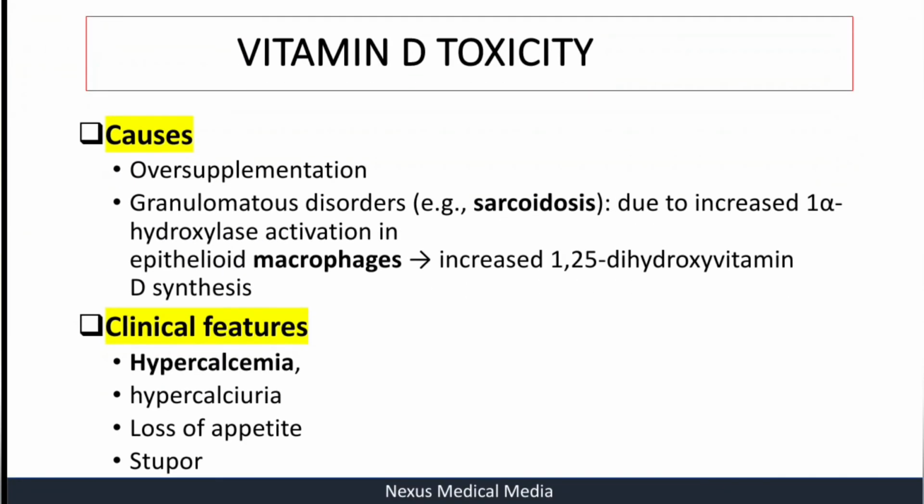Next is vitamin D toxicity. What causes toxicity? Number one is obviously oversupplementation. It can also occur because of granulomatous disorders like sarcoidosis, right? This is due to increased 1-alpha hydroxylase activation in epithelioid macrophages, which increases 1,25-dihydroxyvitamin D synthesis, right?